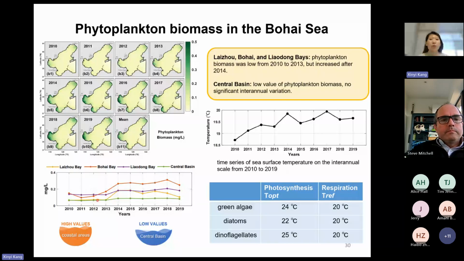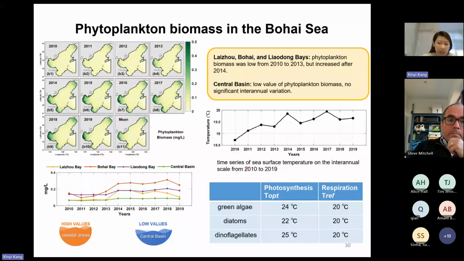And why did the phytoplankton biomass increase after 2014? When we refer to surface temperature, SST, we could see that an increasing trend occurred in the Bohai Sea. And in the Bohai Sea, there are three dominant phytoplankton groups: green algae, diatoms, and dinoflagellates, and their growth is quite sensitive to temperature in the model setting.